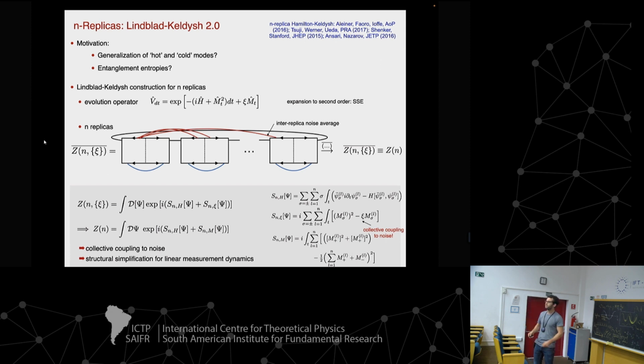But now, in this replicated formalism, the noise acts on all replicas in the exact same way. So we get connections not only intra-replica but also inter-replica. We get all these couplings, and that is precisely the effect, these additional terms that add to the Lindblad evolution, which give this cooling effect.